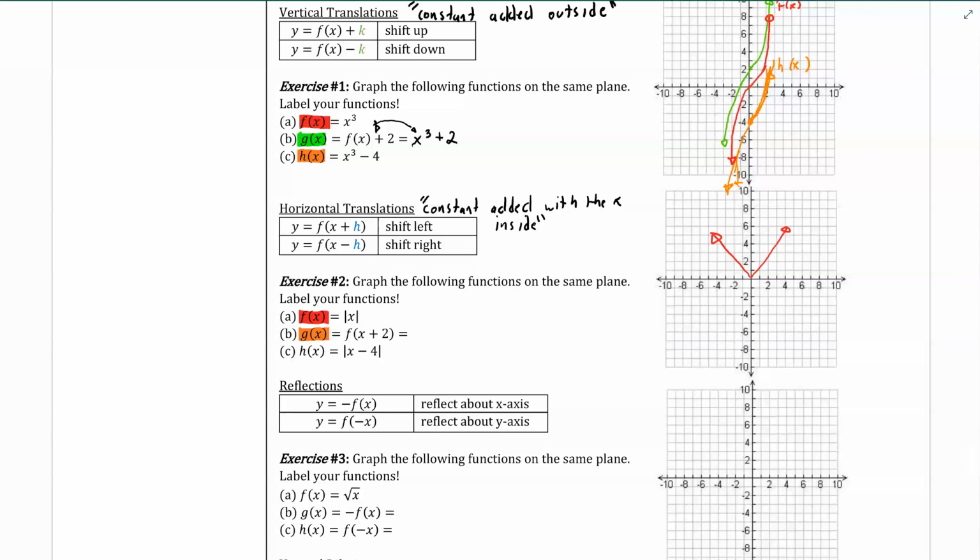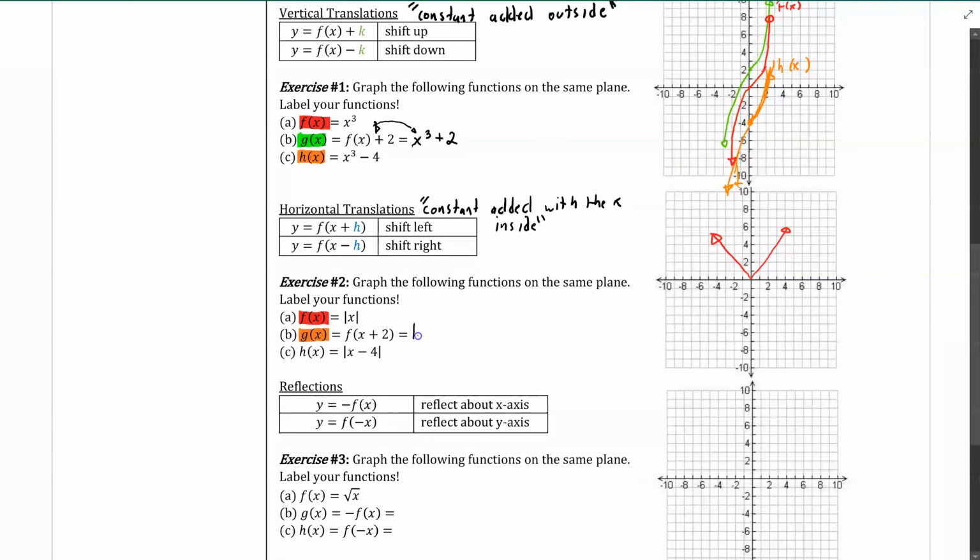So if we think about what we know about function notation, the function itself is an absolute value function, and before it was simply x. Now, function notation tells us to plug whatever is inside the parentheses. What is inside the parentheses? Well, it's x plus 2. So we're going to plug x plus 2 into the absolute value. And so now we have absolute value of x plus 2.